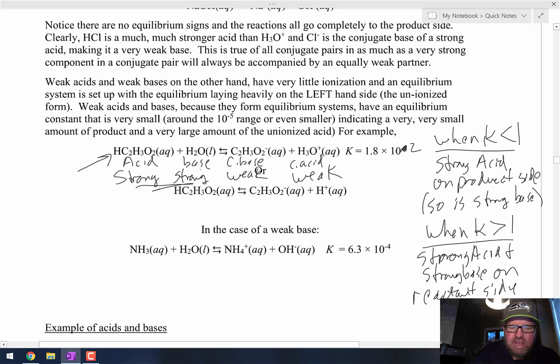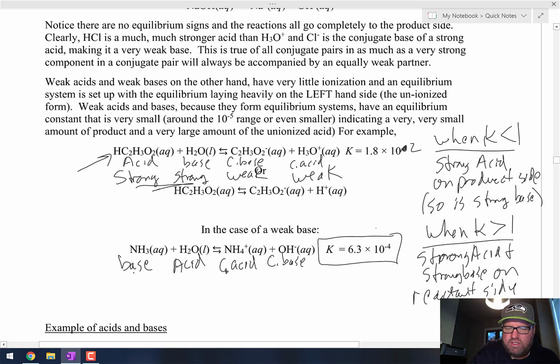Same case here. NH3 becomes NH4+, so it's a base, and this becomes the conjugate acid. If that's the base, then water is acting as the acid. In this case, it donates the hydrogen and becomes the conjugate base. Because the equilibrium constant is less than 1, the strong acid is on this side of the equation, which means this acid is weak.